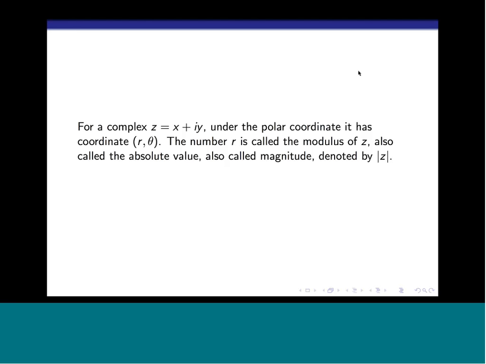For a complex number z, under the polar coordinate (r, theta), the number r is called the modulus of z, also called the absolute value. This really is the distance to the origin, the same as for a real number. The angle theta is called the argument.